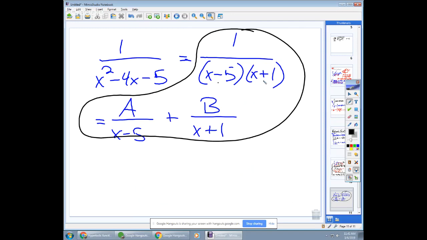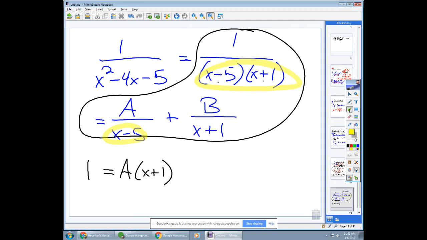If I multiply both sides of this equation by that, on the left side the denominator is going to cancel, so I'm just going to have a 1. On the other side, the x minus 5 is going to cancel for that part, so I'm going to get an A times x plus 1.